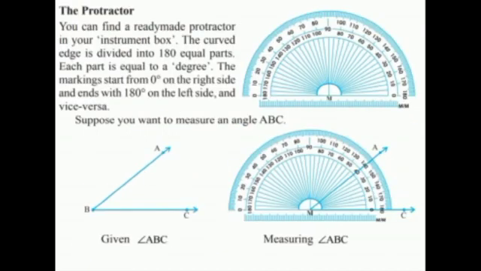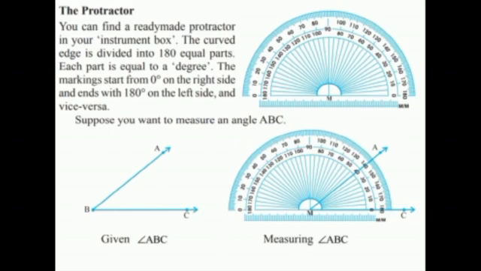See, suppose if you want to measure an angle ABC by using protractor, you have to place the protractor so that the midpoint of its straight edge lies on the vertex B. Okay.